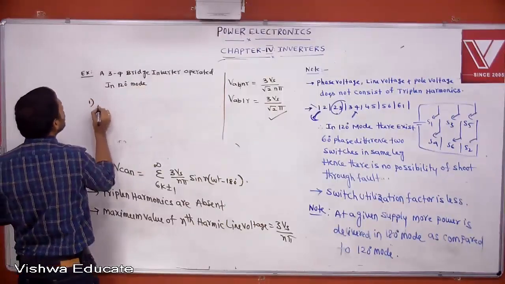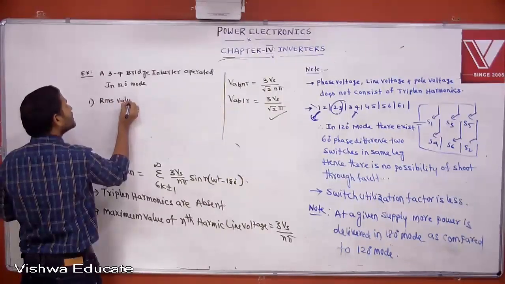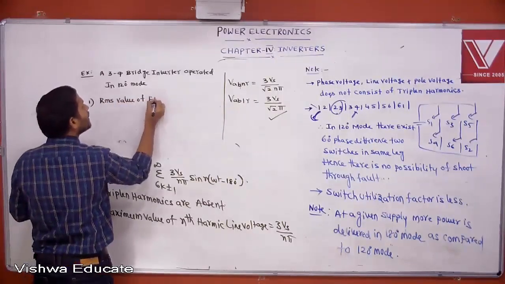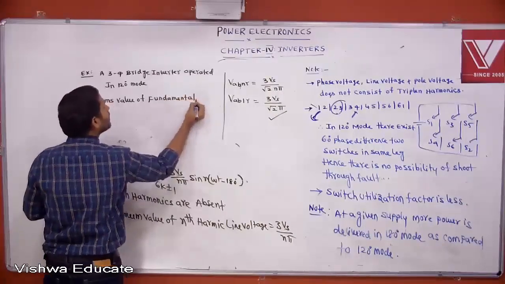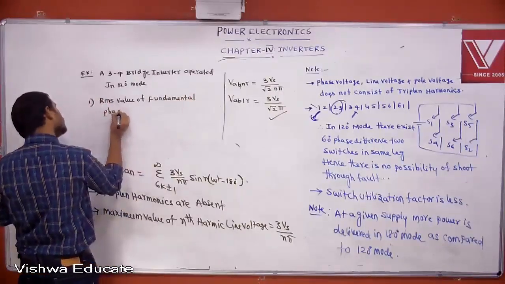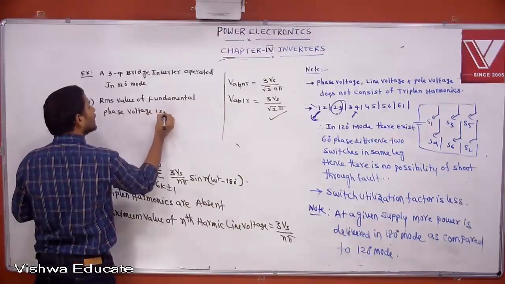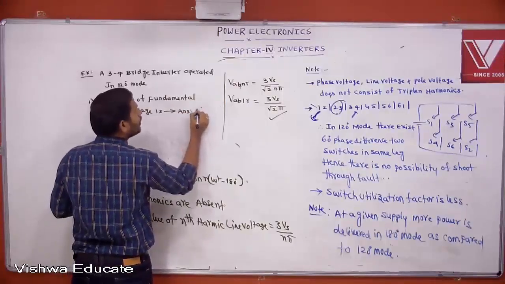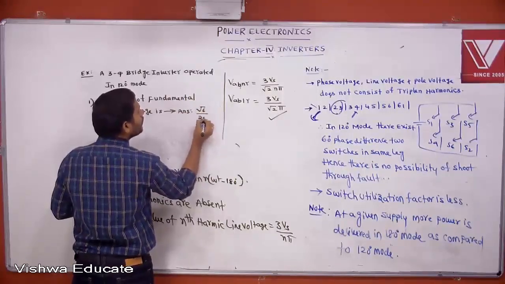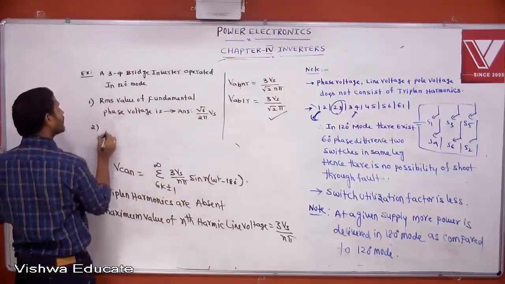First one, RMS value of fundamental phase voltage. How much? You tell me. What is the answer for this one? √6/2π into Vs.